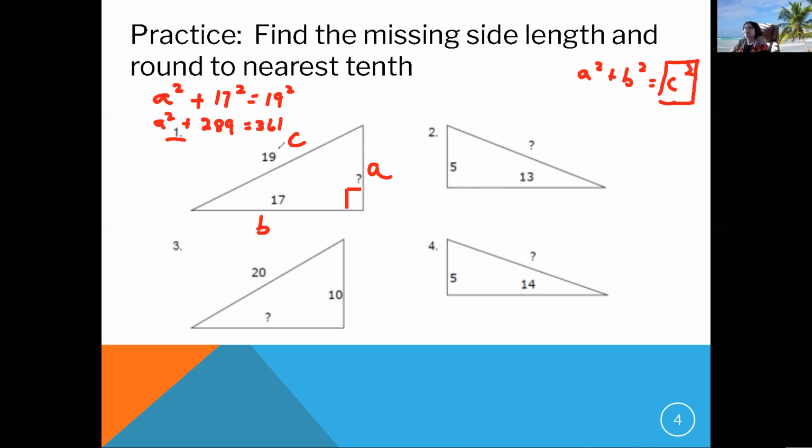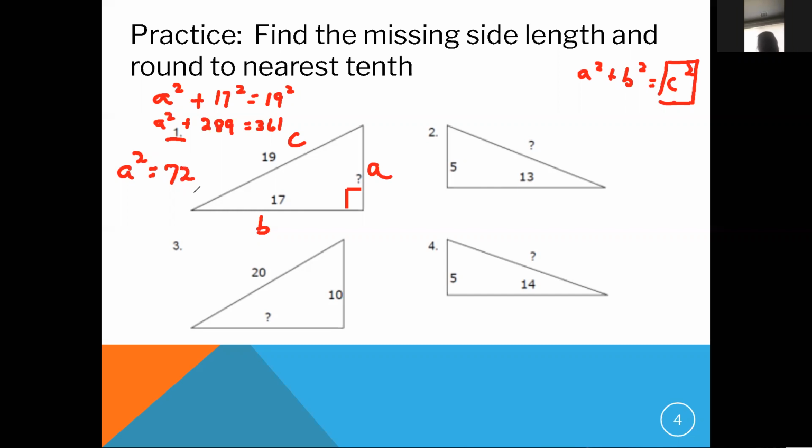So now what do I do with these two numbers? What did your steps say? Because now we're on step 2. Subtract. Did everybody agree? Yeah, I'm subtracting. So take 361 minus 289 and tell me what you get. 72. Everybody get 72? Yes.